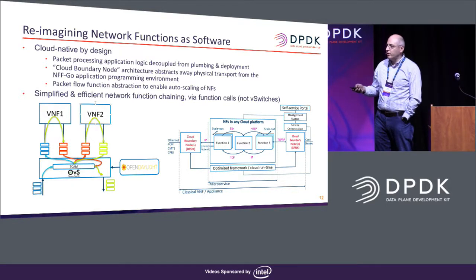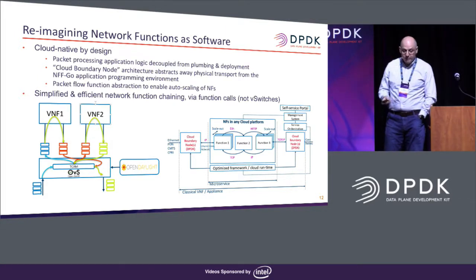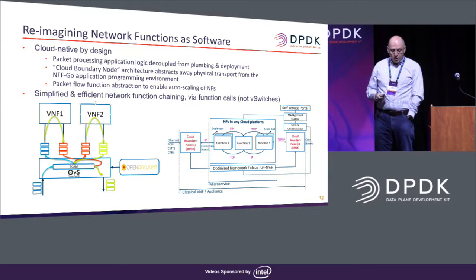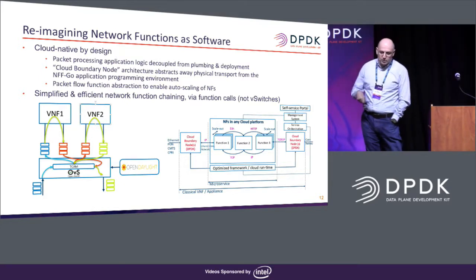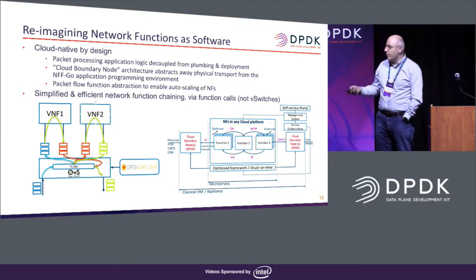So we just call the function which runs on a different microservice, and we do not need all this switching, the usual stuff which you can see on the left part. So there are no rules involved. There are no packets going to the VNF back and forth. Everything is directly encoded in the calling graph.